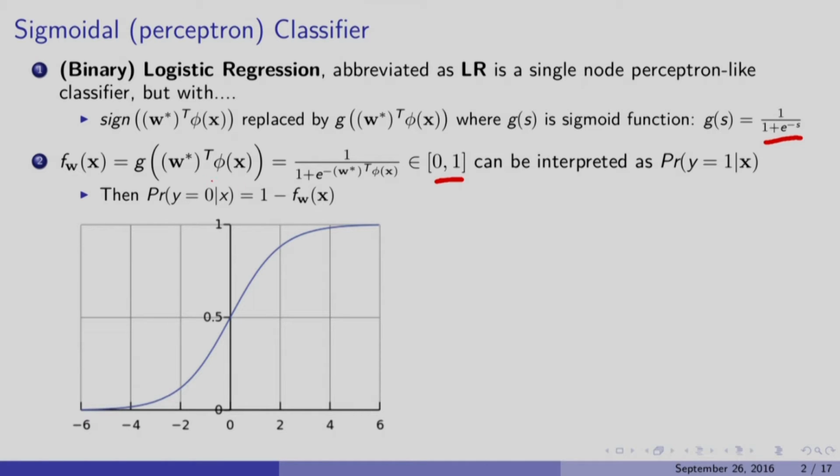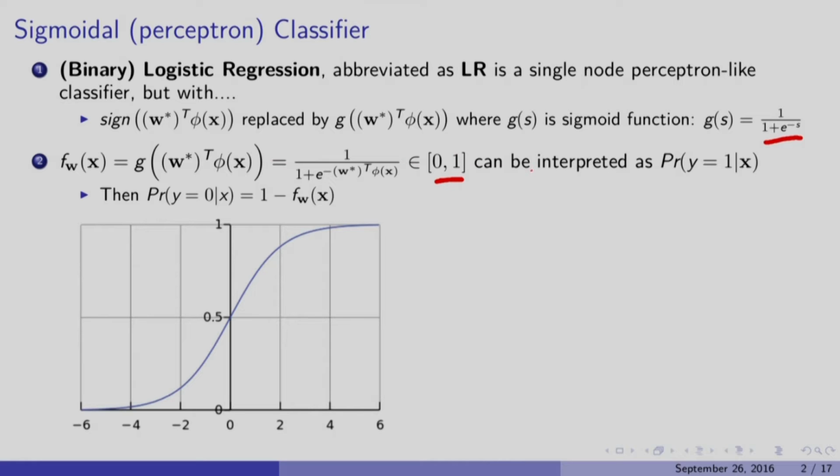So what we have done is applied the sigmoidal function to the linear combination of the features, which is W transpose phi x. So phi is a basis function representation. We also provided a probabilistic interpretation.